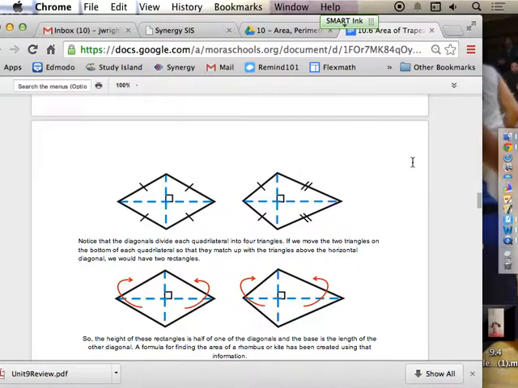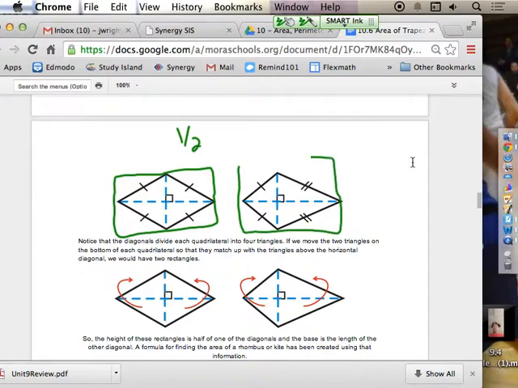One thing I always want you to notice about a rhombus and a kite is that it can be looked at as a big rectangle, but it is half of a rectangle. Even if it's not perfectly square with all four sides the same, it's about half.